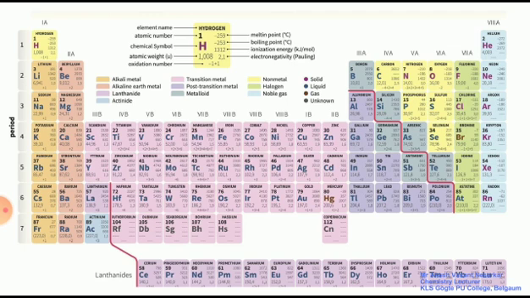From group 3 to group 12, these are the transition metals, and group 13 to group 18 are called non-metals, and the elements after lanthanum and actinium are known as lanthanides and actinides.